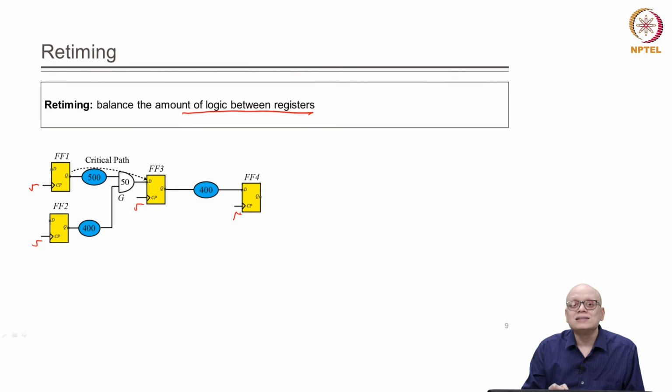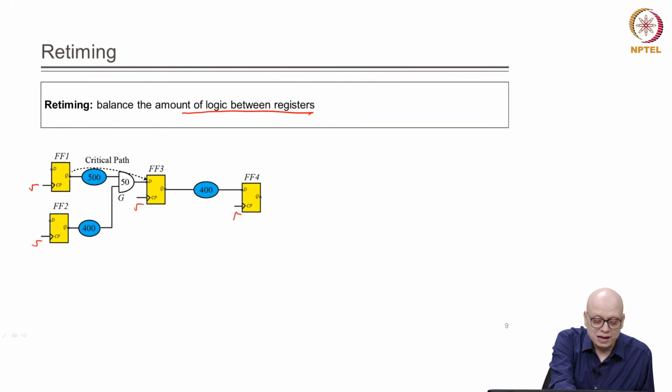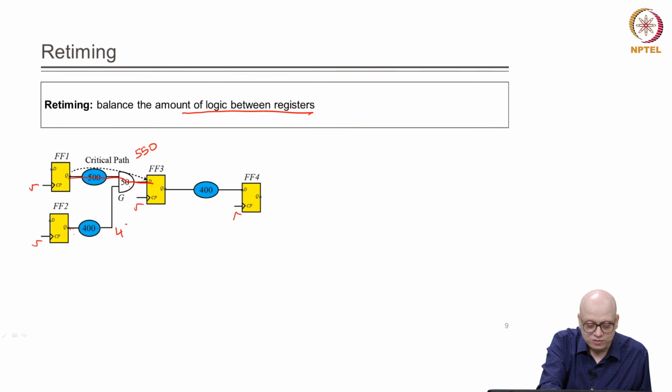So, in that case the setup constraint will be decided by the data path. In this case the data path delay is say 500 plus 50, from this FF1 to FF3, 500 plus 50. So, it is 550. The other path is 400 plus 50, so 450, and this path is 400.